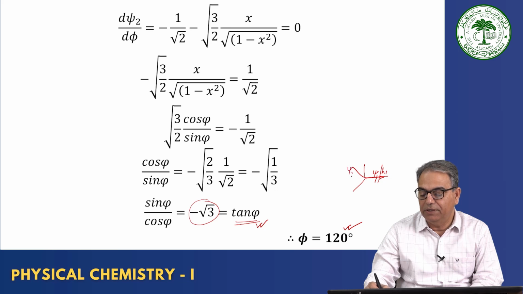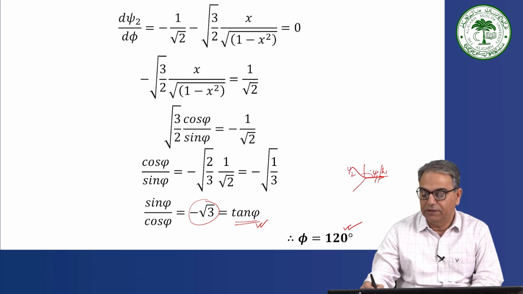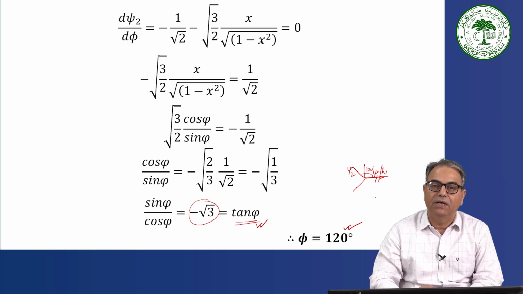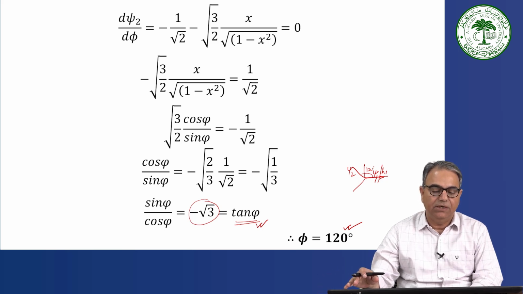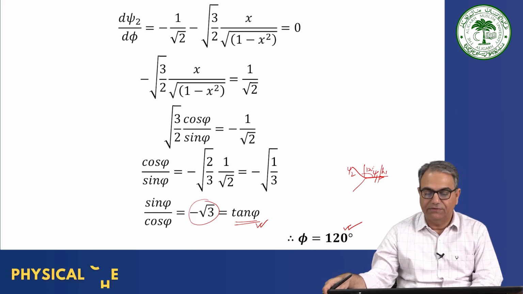So psi 2 will be here. It's at 120-degree. Same way one can find the maxima of psi 3 also, and the phi angle will be 120-degree. Phi is the angle in the xy plane, so it's in the xy plane. In the xy plane, theta is equal to 90-degree, so sin theta is equal to 1. That I have told you.